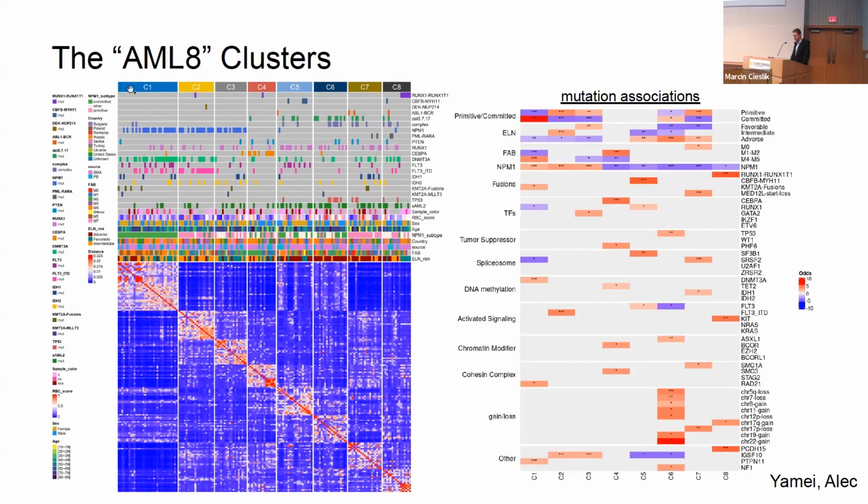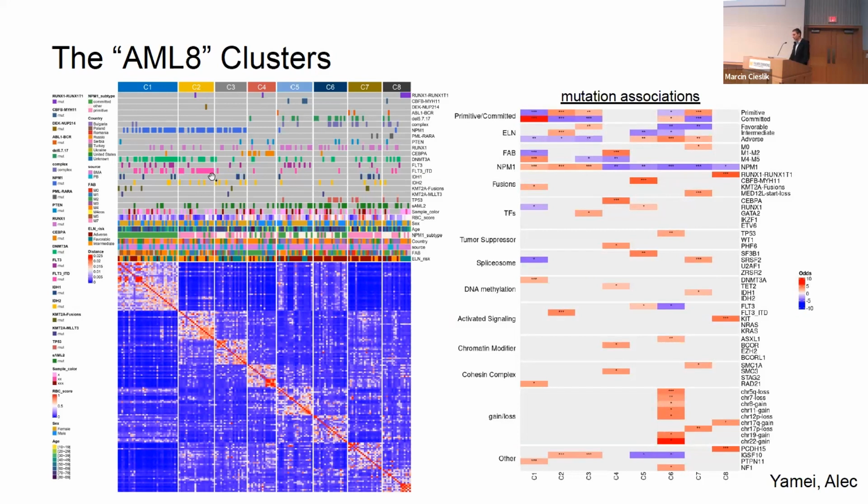So for example, you can see that clusters 1, 2, and 3 effectively harbor all of the cases with mutations in NPM1. NPM1 is one of the class-defining genes that is recurrently mutated and used to define a genetic subset of AML. On the other hand, in cluster number 2, we have a high number of FLT3 ITDs.